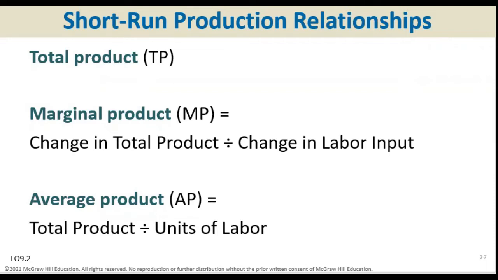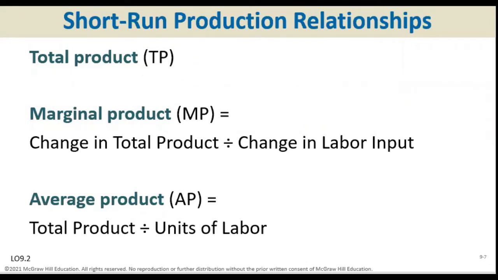The MP, the marginal product, is the amount that the total product changes when a variable input resource, for instance labor, changes by 1 unit.